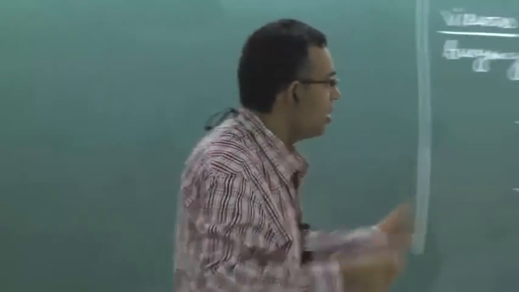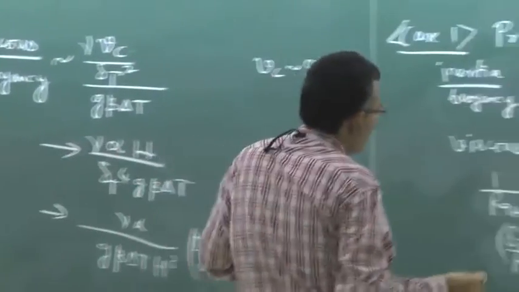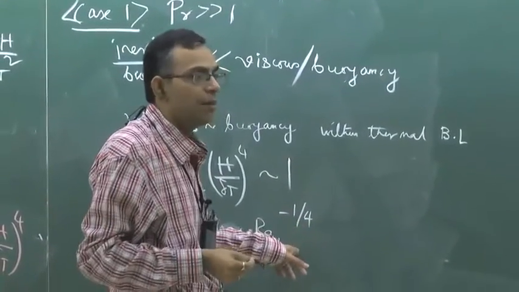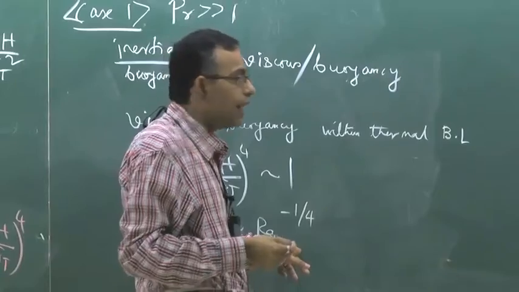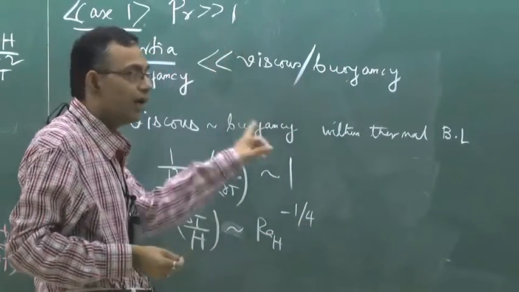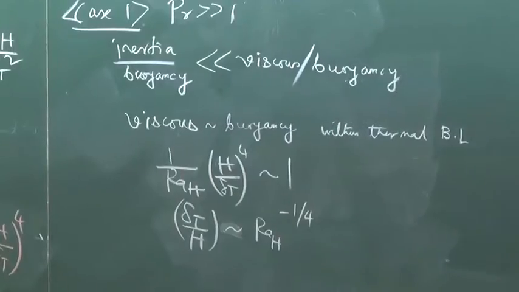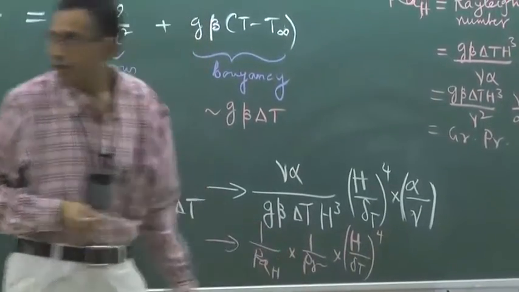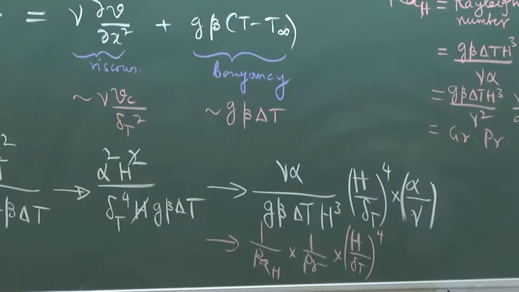So here also it may depend on Rayleigh number to the power n into Prandtl number to the power m. Here Prandtl number is not coming into the picture, but for the other case where Prandtl number is much less than 1, Prandtl number will come into the picture, because you can see the existence of Prandtl number in the denominator. We will come into that subsequently.